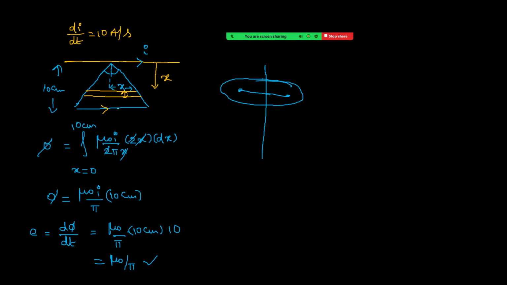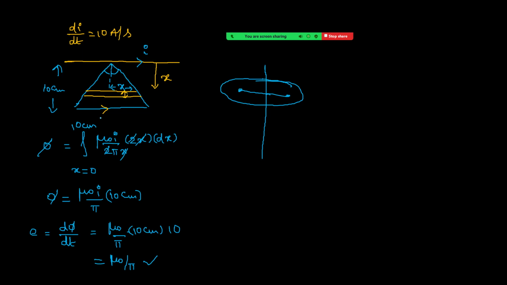When there is repulsion, if it moves away from this triangle, at this location the strength of the field will decrease. Get the point? For example, if we have an attractive force, then in this location the strength of the field will increase, so flux increases.